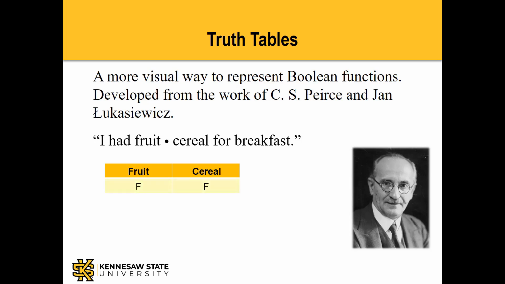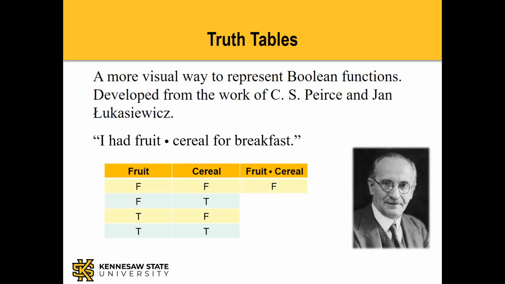Let's look. If fruit is false and cereal is false, that's one combination. Fruit's false and cereal is true, that's another one. Fruit's true but cereal is false, that's another one. And the last possibility is that fruit and cereal are both true. Now, let's look at the result. The result is going to be fruit and cereal.